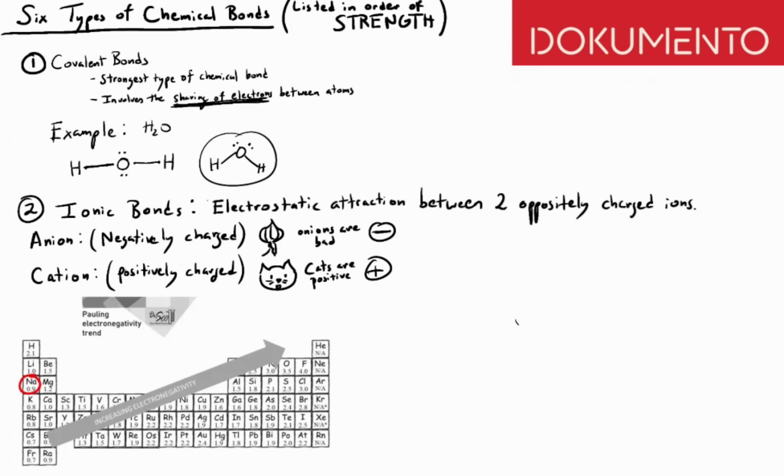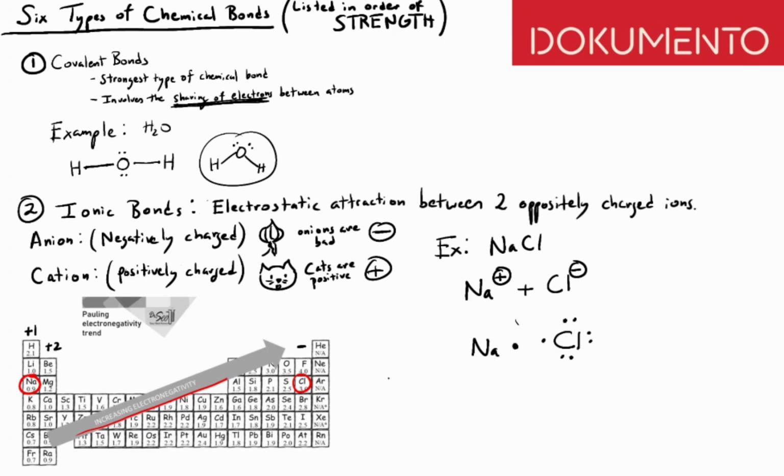So, for example, let's say we have sodium, and if you remember, since it's all the way to the left of the periodic table, it's going to be a lot less electronegative than its counterpart chlorine, which is all the way to the right. You can see how the trend works on the diagram that I've put here. So we have sodium, which is a cation, and chlorine, which is an anion.